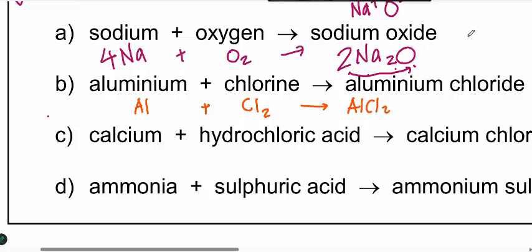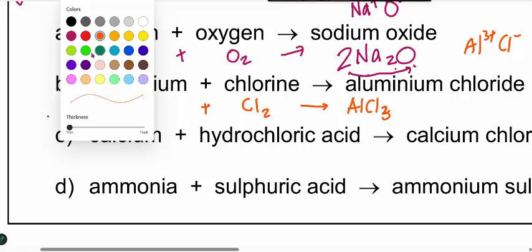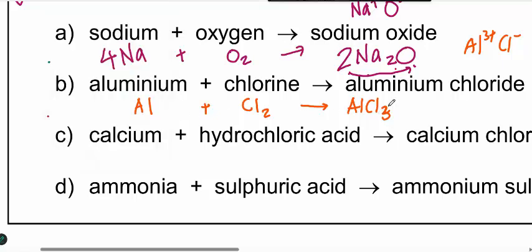No, cannot. Al is still 3 plus, Cl negative, so it's AlCl3. Teacher, why here cannot Al? No, you don't do that because it's an element plus element becoming a compound. So then only you balance the equation. 3 times 2, 3, and then 2.